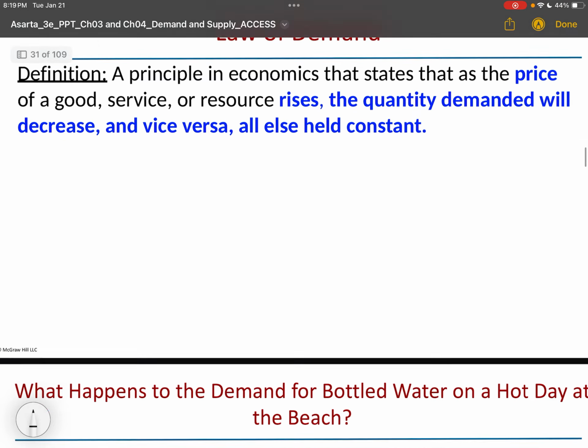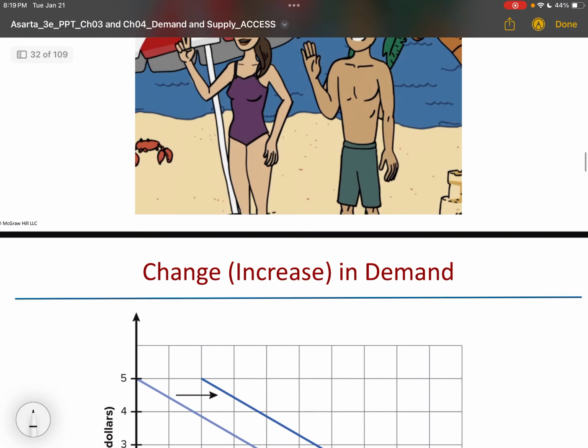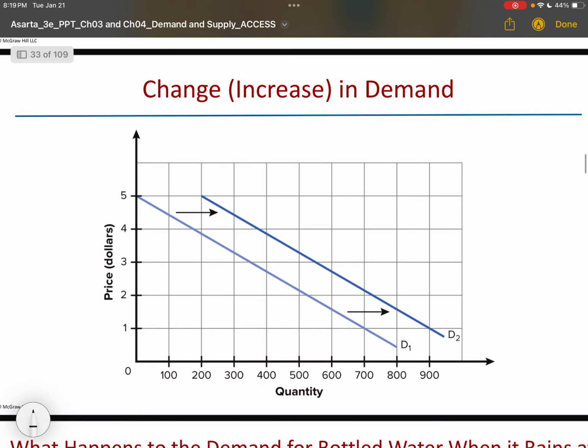We already saw the law of demand, so I'm going to skip this and jump straight to changes in demand. A change in demand can take 2 forms, either an increase in demand or a decrease in demand. Now, when we say change in demand, what we mean is the entire demand curve is shifting either to the right, as in an increase, or shifting to the left, as in a decrease.